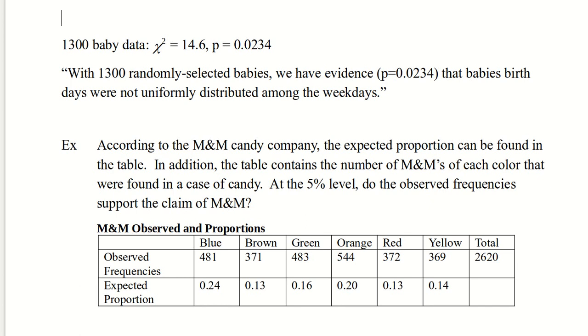So for example, if you look in the brown column, we counted out 371 out of the 2,620, but we were told that the proportion of M&Ms that are brown is 13%. And you can look at each of those columns to see the observed frequency and what we were expecting in terms of the proportion. We're asked to test at the 5% level to see if the observed frequencies actually support the claim that each of the colors occur in the proportions shown.